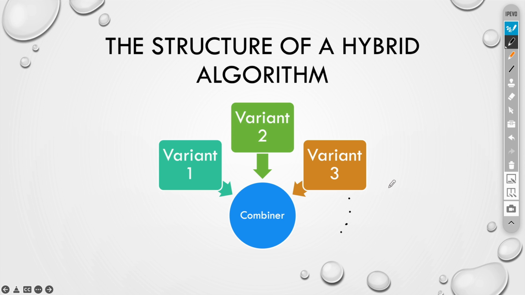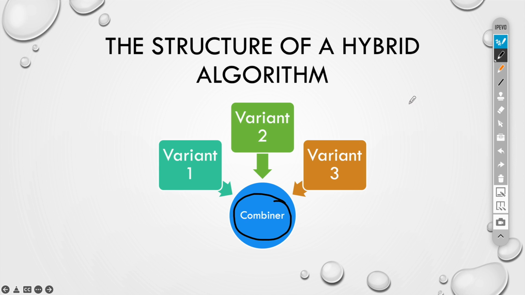As we have seen, this is not an easy question at all. The combiner would collect all the results and decide which one to choose as an optimal one. Usually these variants are executed in parallel.